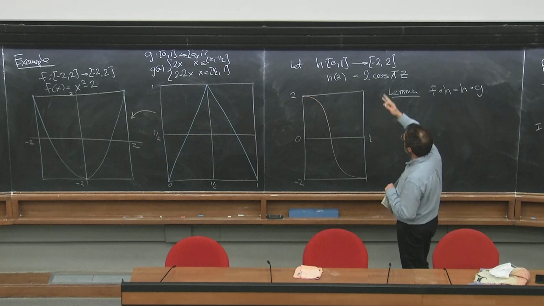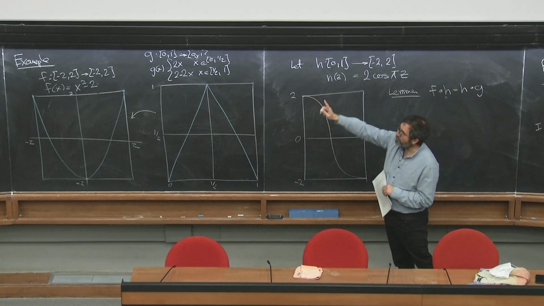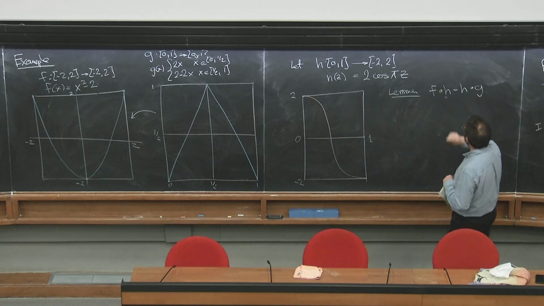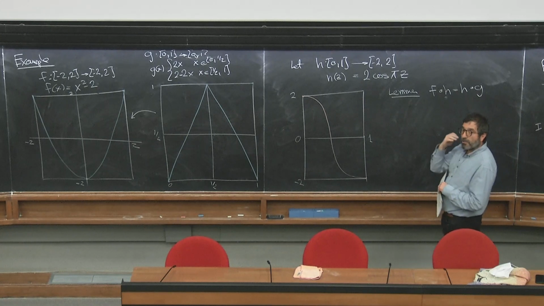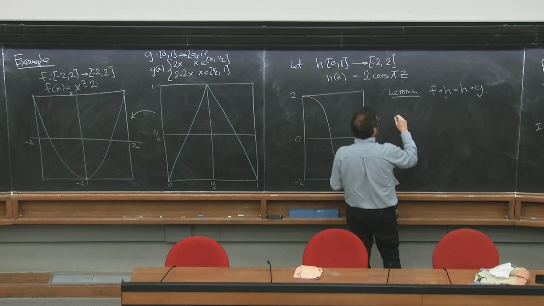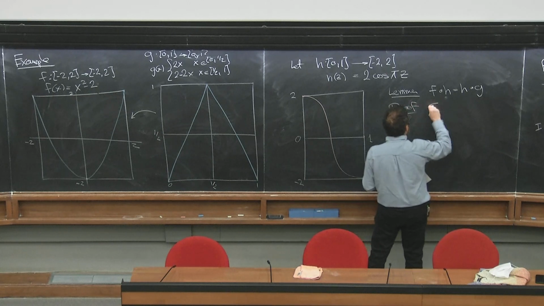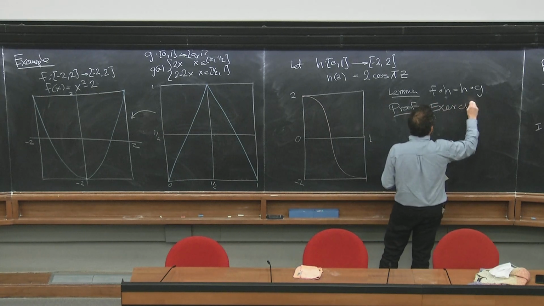It's a simple exercise because this is very explicit. We have the formulas for all of these, so you can check that it is a conjugacy. I will leave the proof as an exercise.